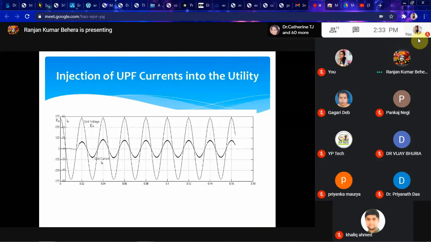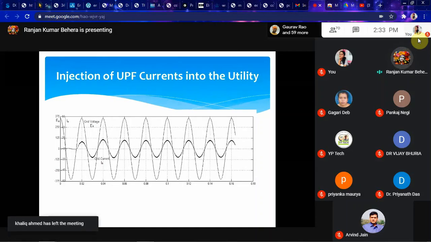So this cotton is not important. Important is your baby. That baby is nothing but your active power, and the cotton which carries this baby is called the reactive power. And that is not important. Cottons are not important, but the baby is important. But can you take a baby without a cotton? You cannot.